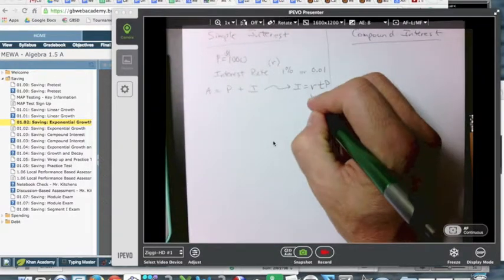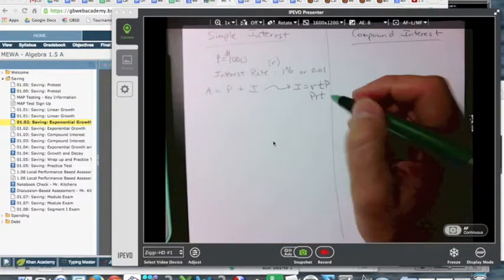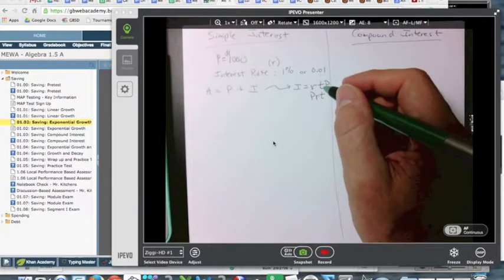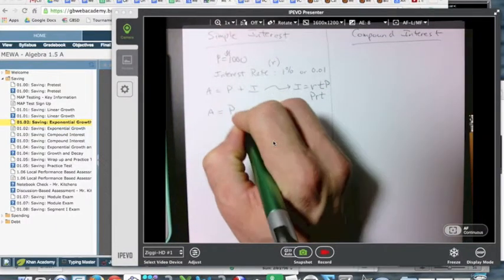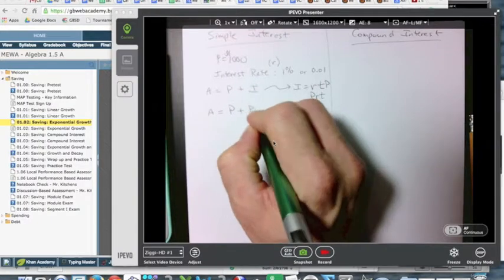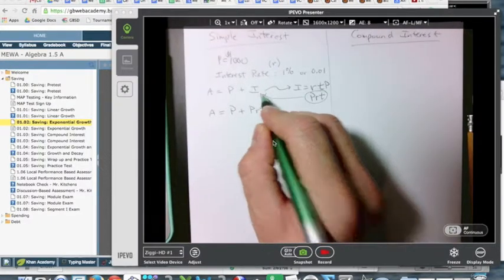You can write it that way, or you can write it PRT, as you've probably seen it before. The order of the letters doesn't matter because we're multiplying. So we can rewrite the amount equation as A equals P plus PRT. So we've substituted PRT for I.